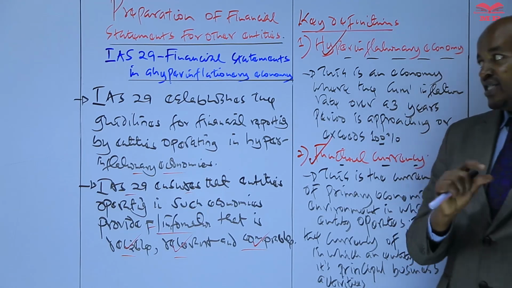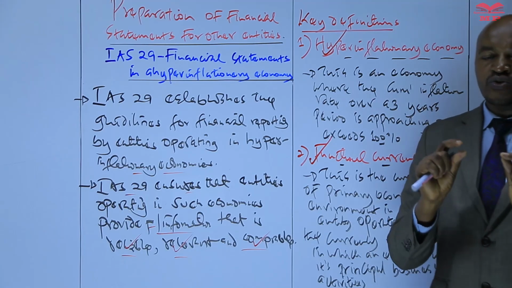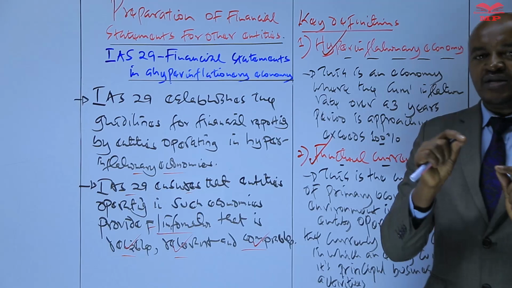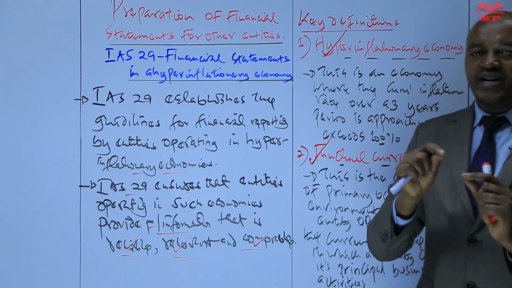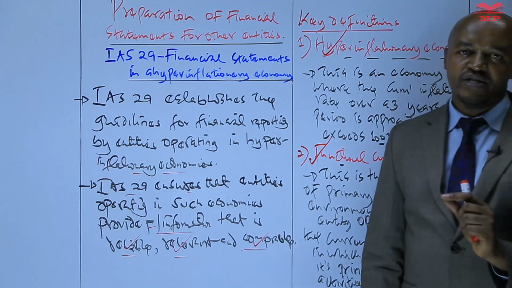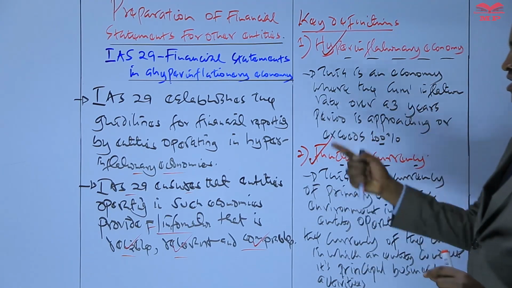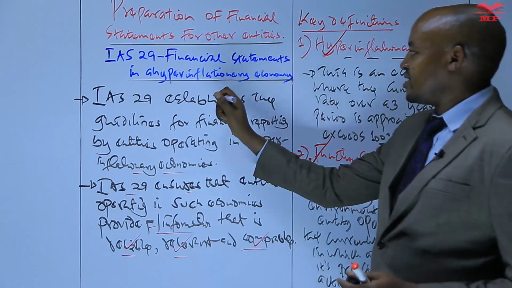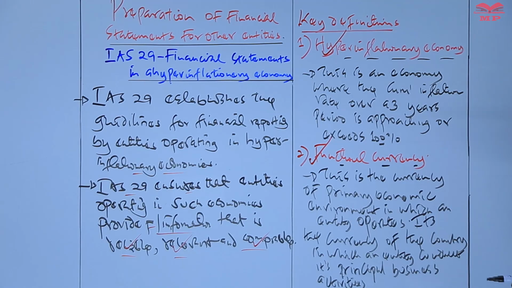So what this standard requires is that the asset which was bought at a cost of 2 million must have its value restated to reflect the current market value of the same asset today. And in terms of how the company should do that, the company is guided by this standard, International Accounting Standard number 29.